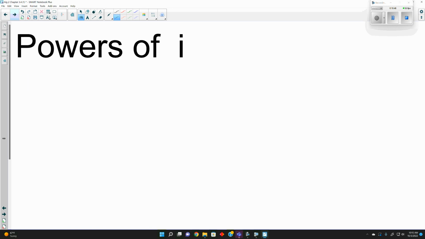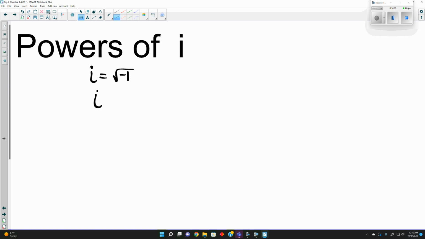Now the next thing we're going to look at is powers of i. Now this might seem a little weird at first, but again, just stay with me and let's see if something happens. Now we started off and we've said already, i is the square root of -1, yes?